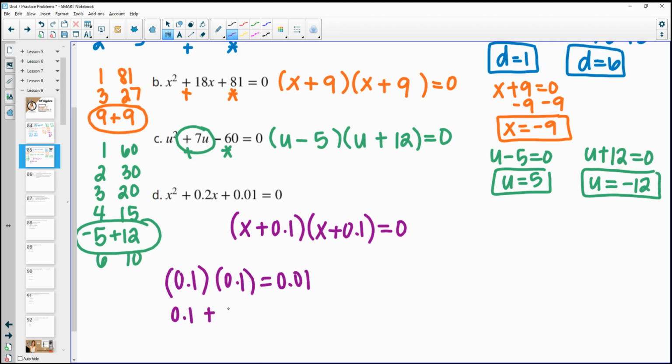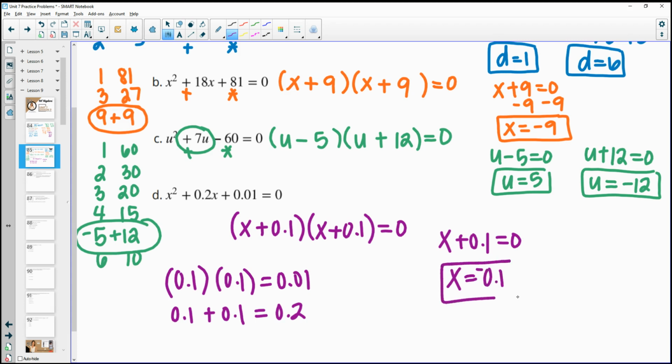And if we do 0.1 plus 0.1, that equals the 0.2 that we need for the middle term. So then we can just solve this and it's the same factor. So we just need to solve it once. So we'll just subtract 0.1 from both sides. So we get -0.1 as our solution.